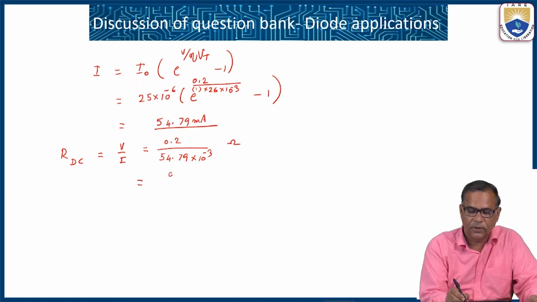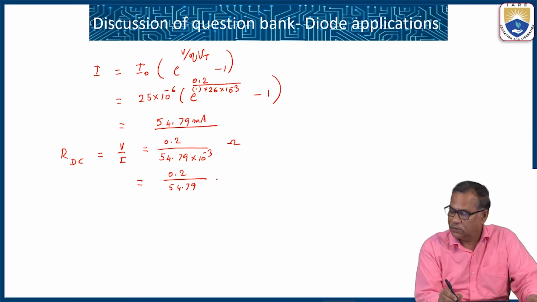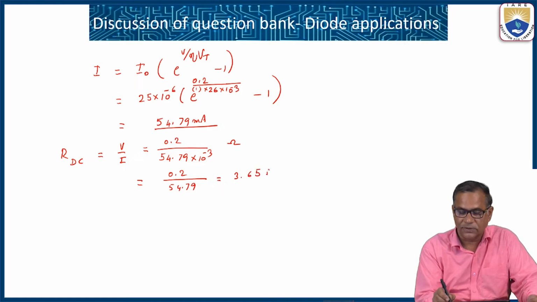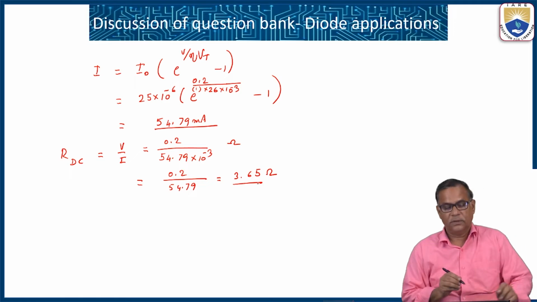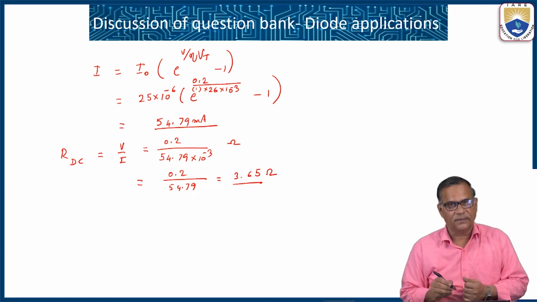So this is equal to 0.2 by 54.79. So that works out to be 3.65 ohms. So this is the static resistance.